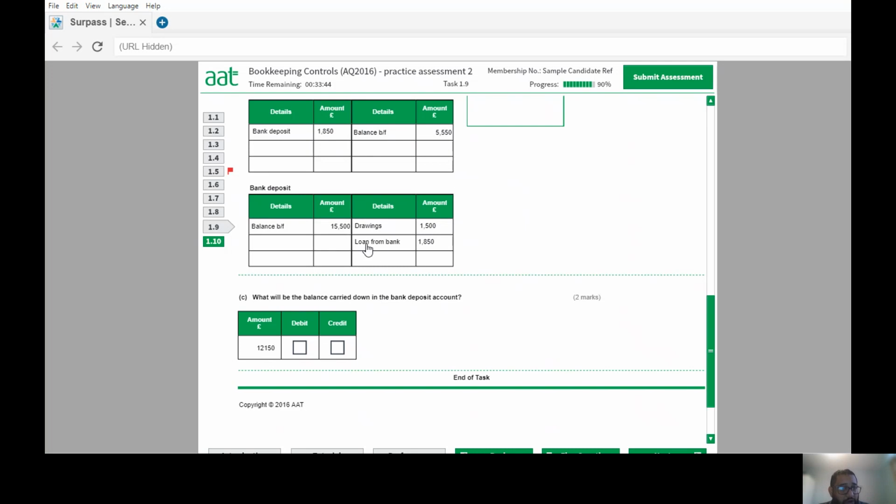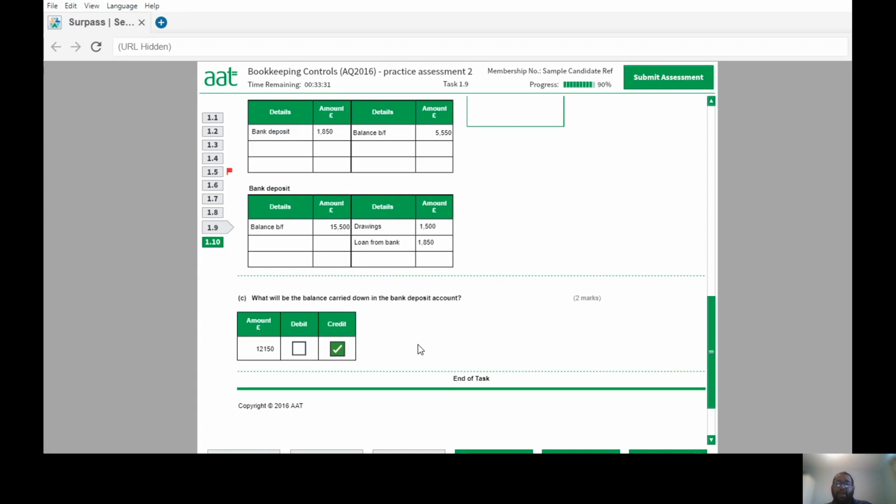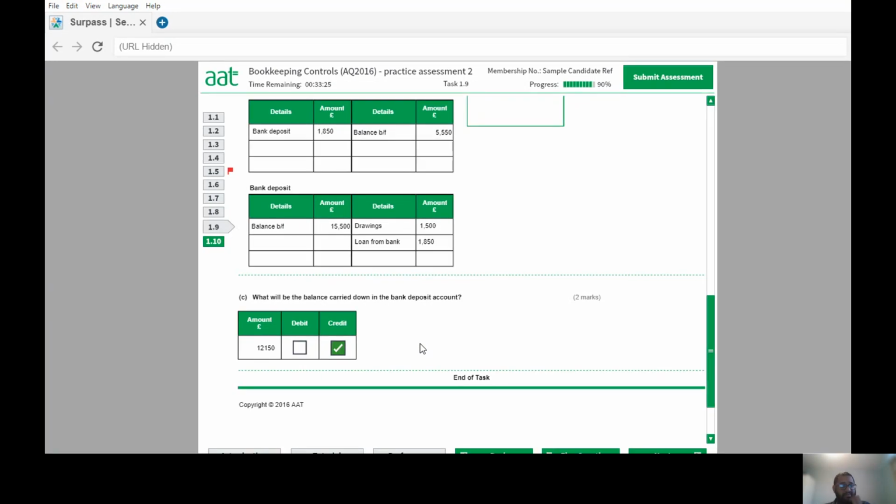So the balance carried down is going to be on your credit side. Why? Because this is where you use the balance carried down to total both your columns, and the new opening balance, or the balance brought down, will be on the debit side. Okay, so in this scenario, balance carried down is going to be on your credit side. Okay, so let me check it. Yeah, that's fine.